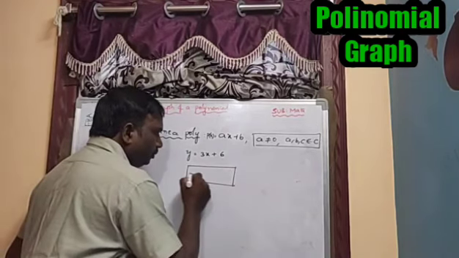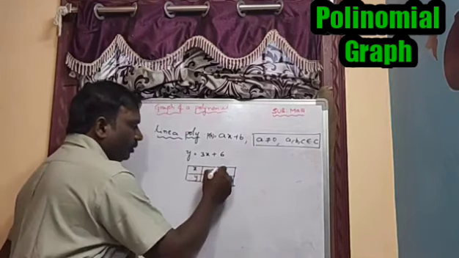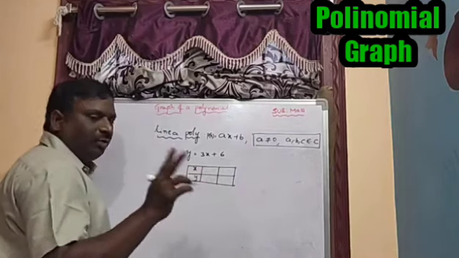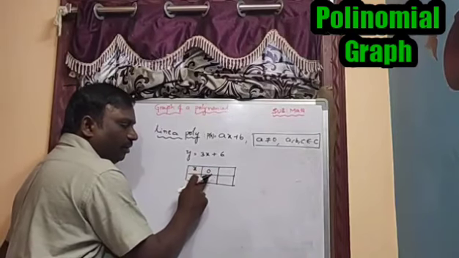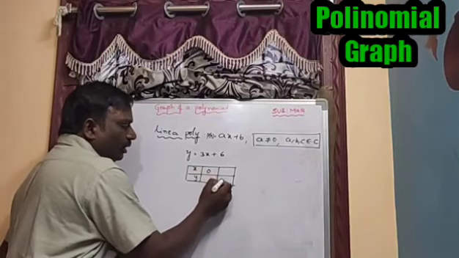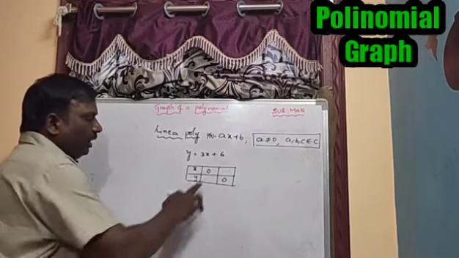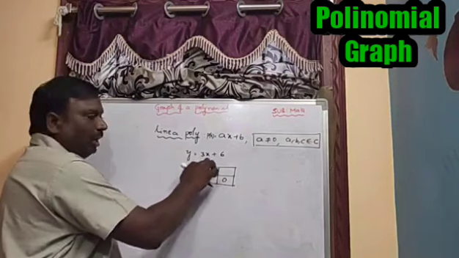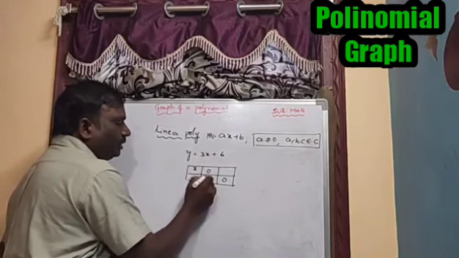So that is a table, x, y. To draw a straight line we need 2 points, the first point and the second point. First make x equal to 0 and we'll get the y value. Then take y equal to 0 and we'll get the x value. Put x equal to 0 in this given polynomial, then y equal to 6.